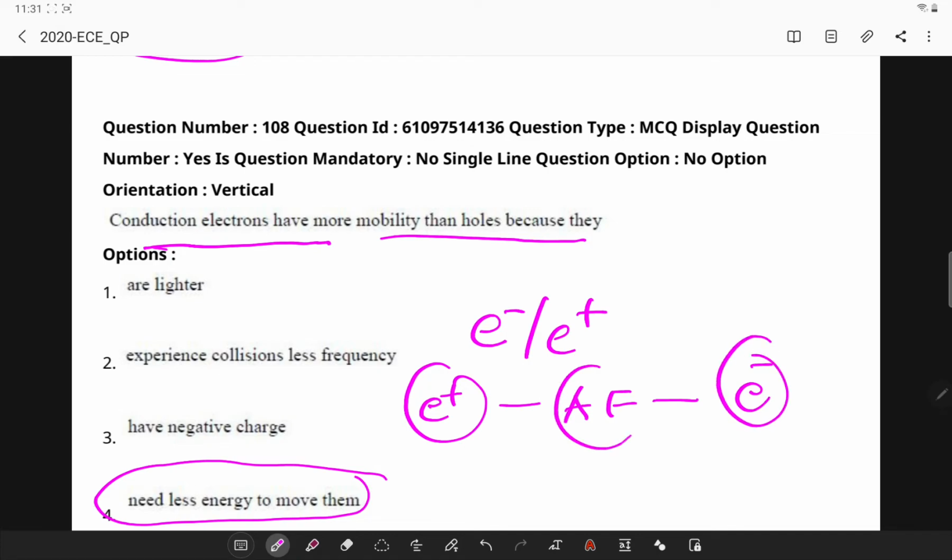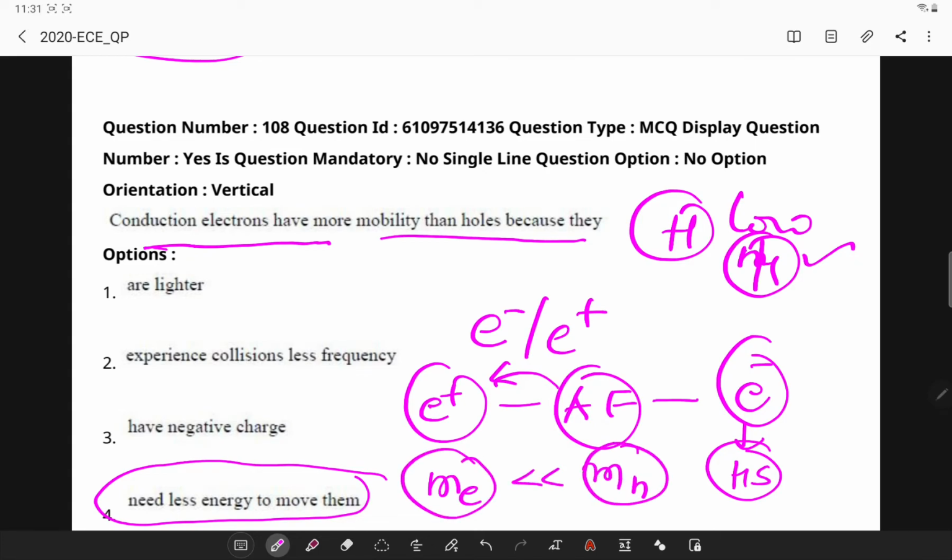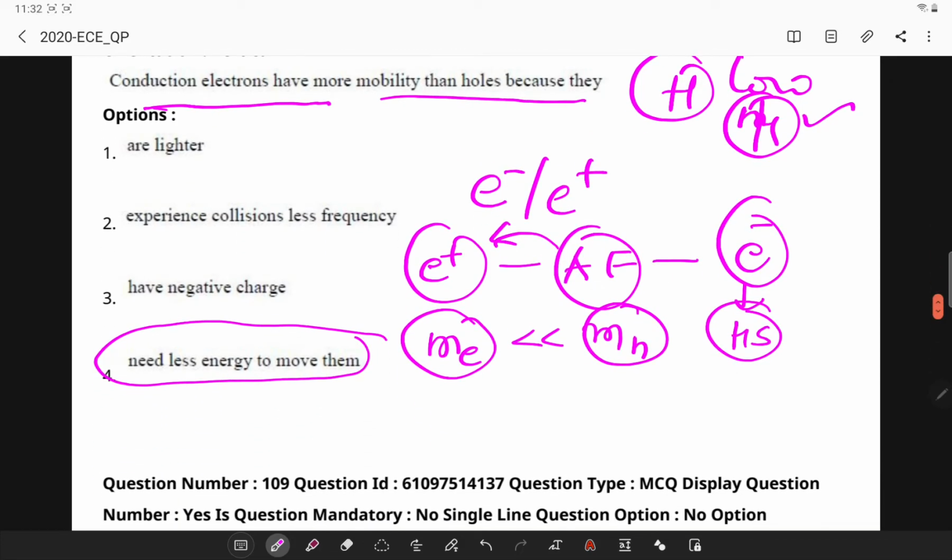So the nucleus will have a stronger atomic force towards holes, and these electrons are residing in the higher shells. And also remember, holes will have lower mobility because the electron effective mass is lesser than the mass of the holes.